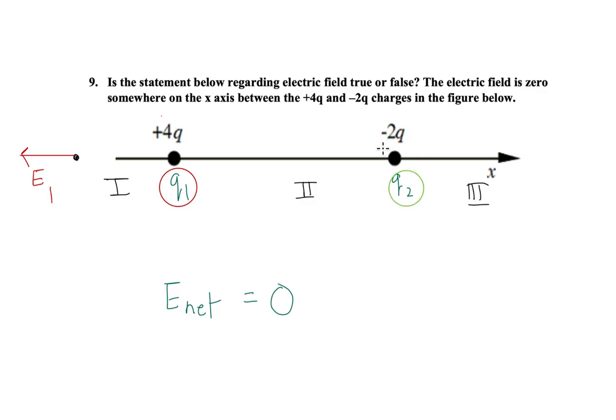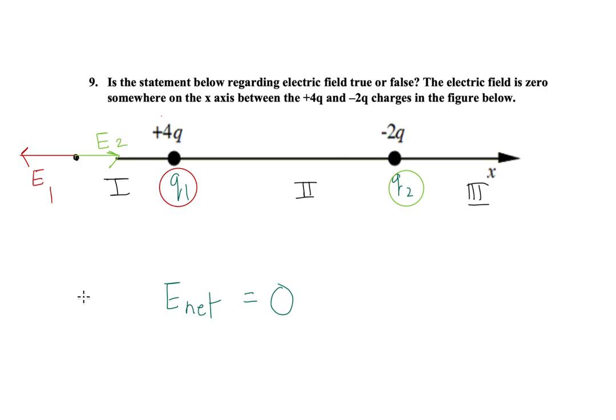For a negative charge, the electric field lines point inwards, that means towards the charge. So when I draw E2 in section 1, E2 will point to the right.